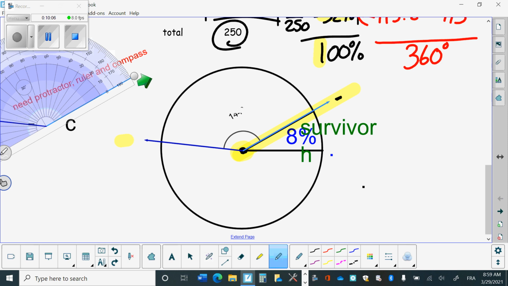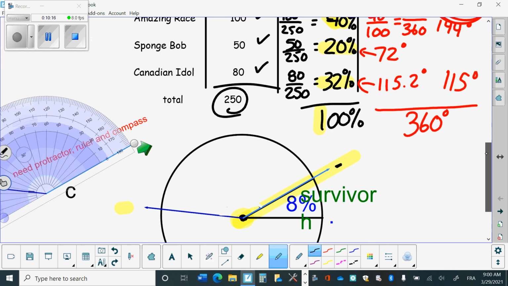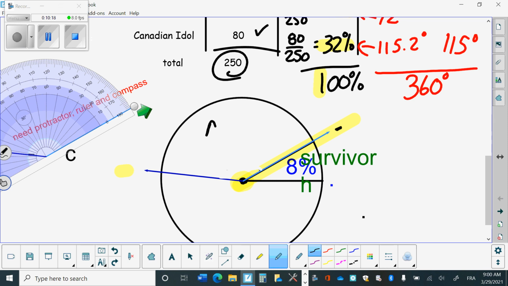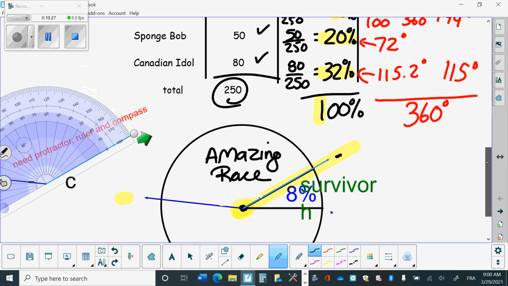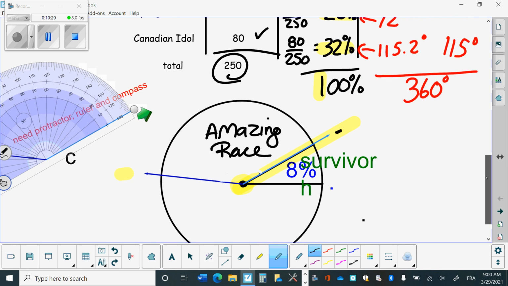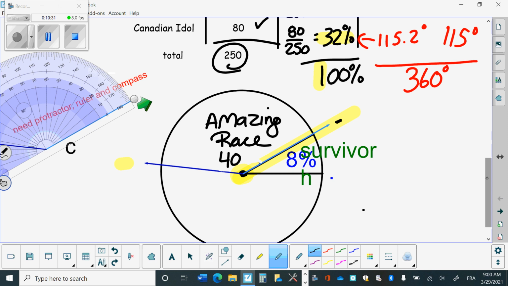You don't put that degree in there, and you don't do this. That was just my smartboard. But I definitely, 144, I believe on top again, I keep forgetting, Amazing Race. And that represented what percent? That represented 40%. Makes sense, right?